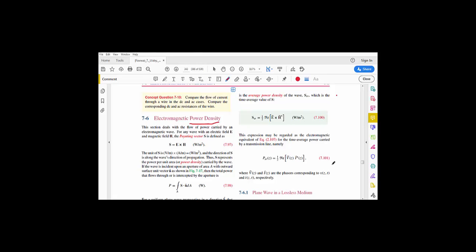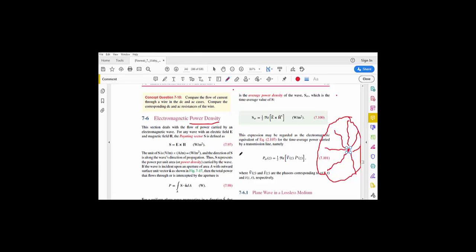So if the source propagates the electromagnetic wave equally in all directions, maybe we could use the power density to calculate the power, and we will see that in the next example maybe.